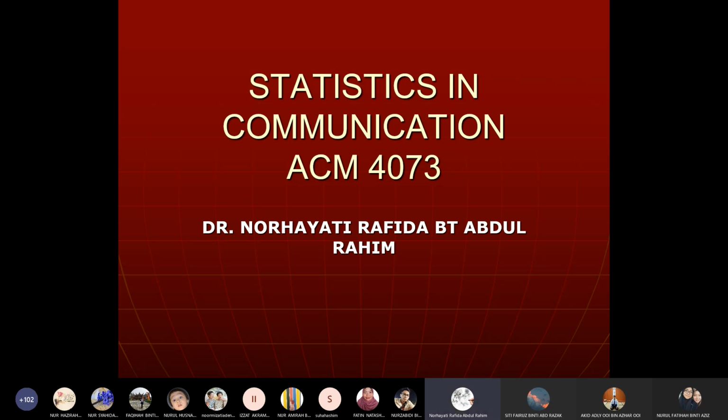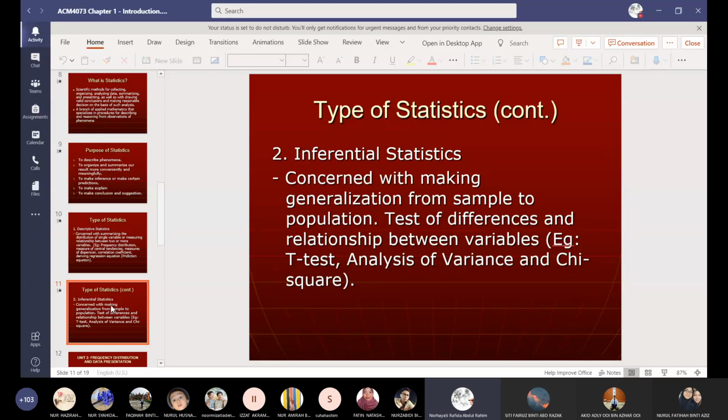The second one is inferential statistics. It is concerned with making generalizations from sample to population. This is very important when you have to select your sample to represent the population. Population is bigger than sample.